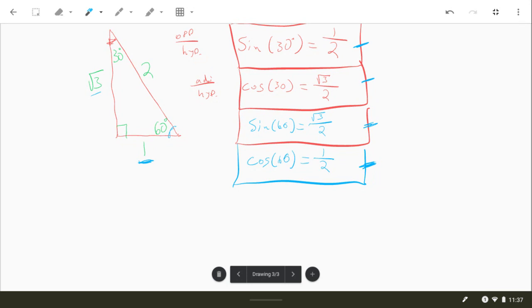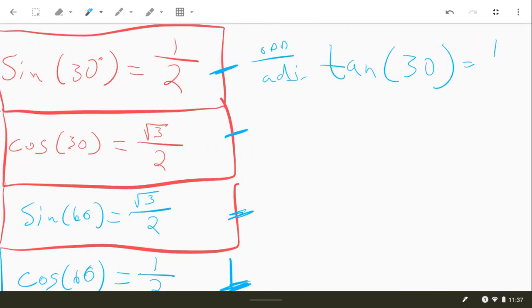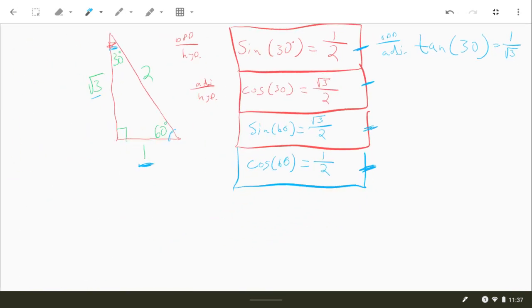If we were to look at tangent of 30, remember tangent is opposite over adjacent. So looking from this 30-degree angle, the opposite is 1, and square root of 3 is your adjacent.